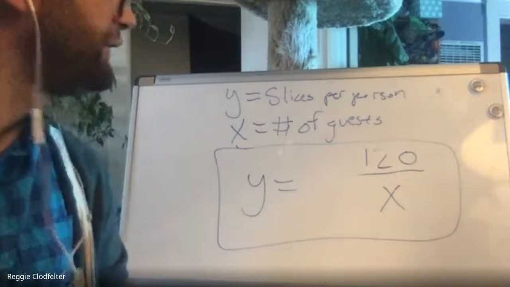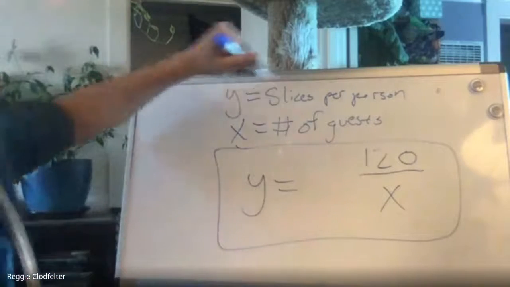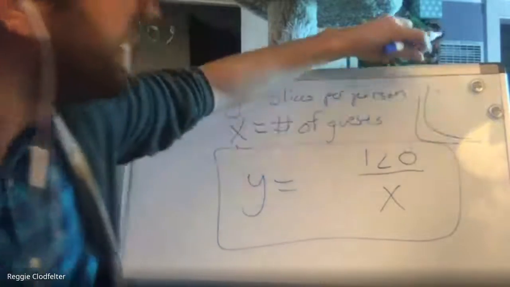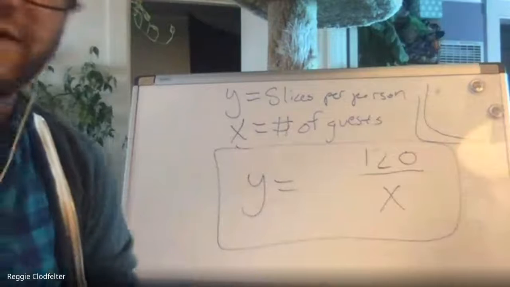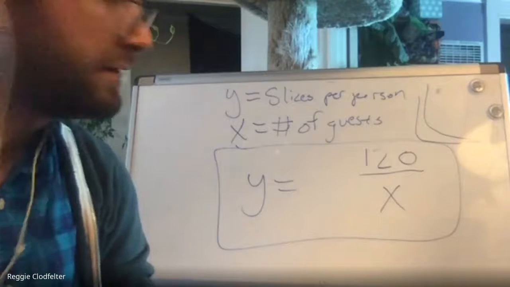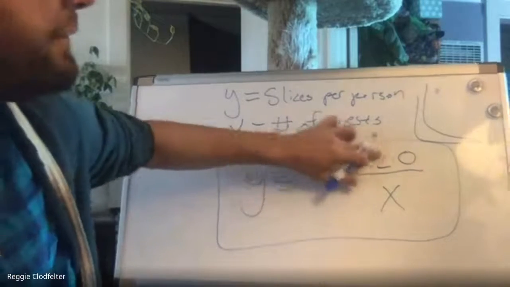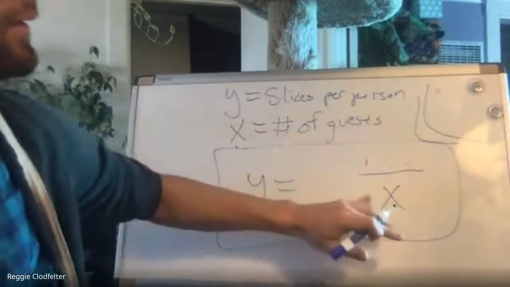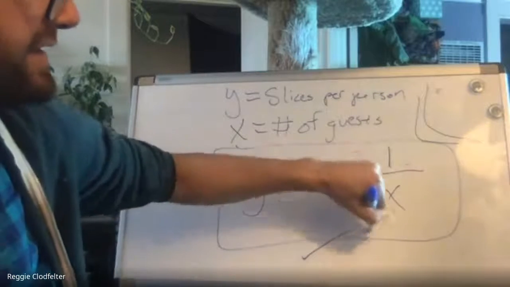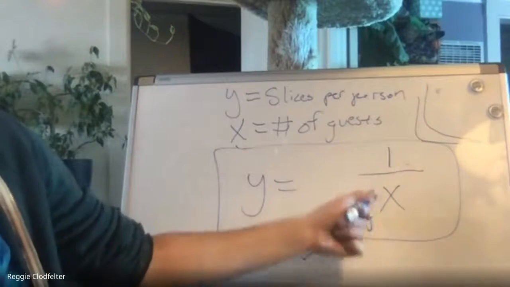So if you're trying to find an equation that creates that curved line that never touches 0 for either axis, can I divide by 0? No. X can never be 0 if x is on the bottom here.